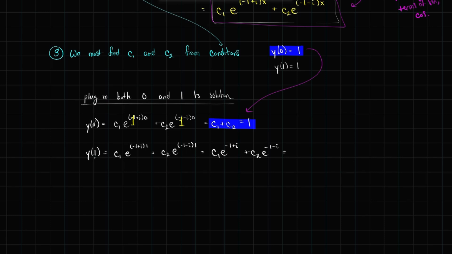And this just equals what it equals. I know what this is equal to because of the second condition there. So that has to also be equal to 1. And what I'm left with is a system of two equations and two unknowns. Those unknowns are C1 and C2.